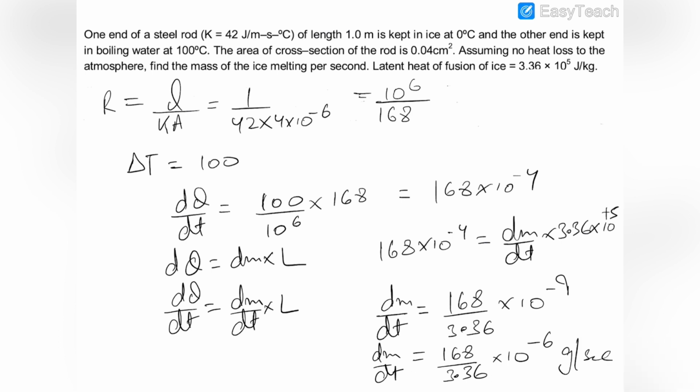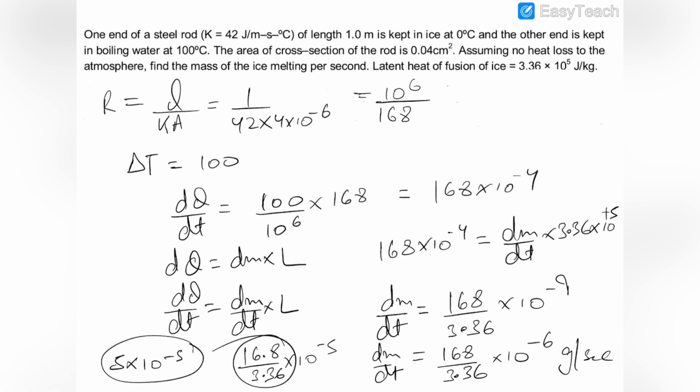So you can see that it will be 16.8 by 3.36 into 10 raised to power minus 5, and this is equal to 5 into 10 raised to power minus 5. So this ice is melting at a rate of 5 into 10 raised to power minus 5 gram per second.